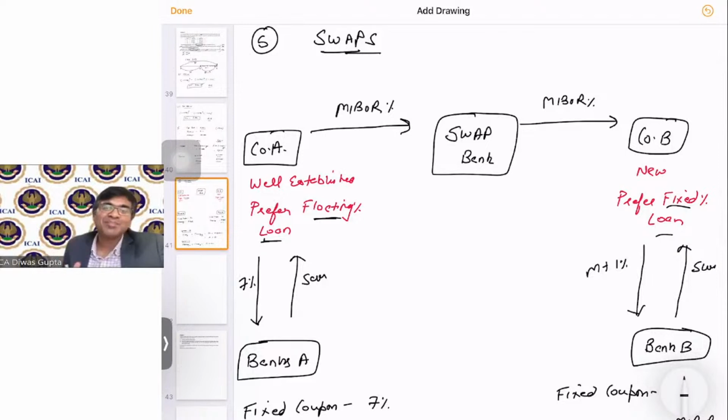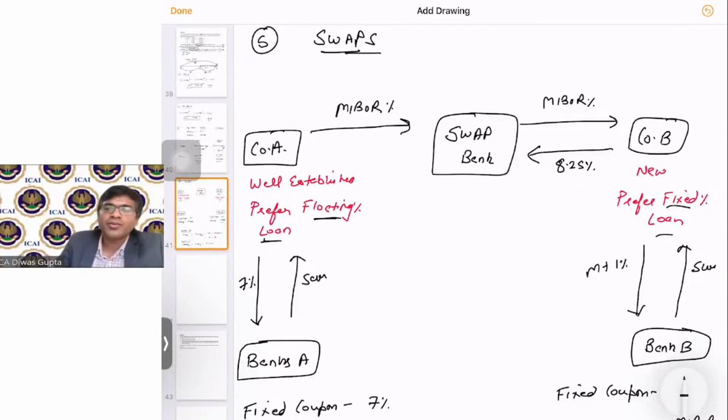This is very high. So the swap bank will say again, wait, I am taking MIBOR from you, but I will pay you something fixed. Similarly, company B and the swap bank will say, I am paying you MIBOR, but in return, I would want 8.25 percentage as the interest rate.